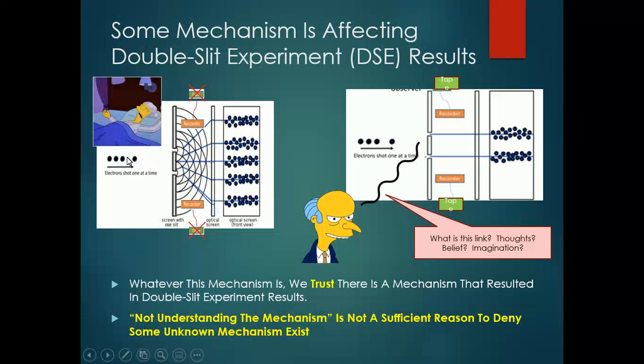If the electrons are particles, they should form two lines, corresponding to electrons passing through the upper slit and the lower slit. But it didn't. It produced multiple lines like this, which is a typical characteristic of wave behavior, resulting in an interference pattern.